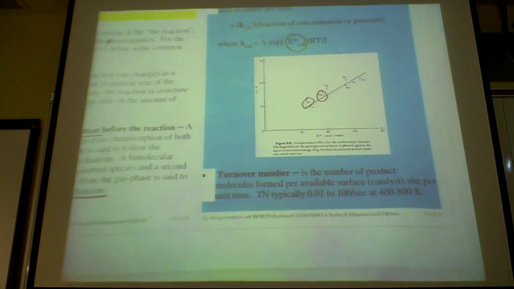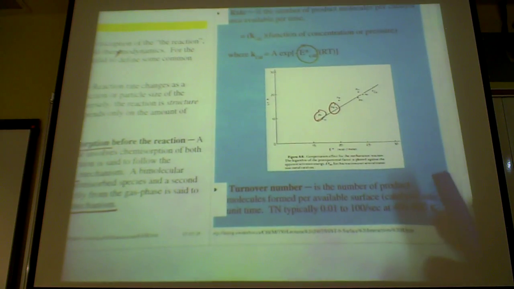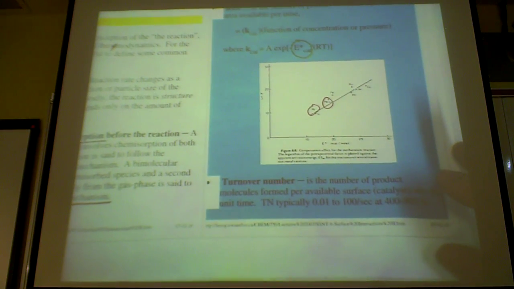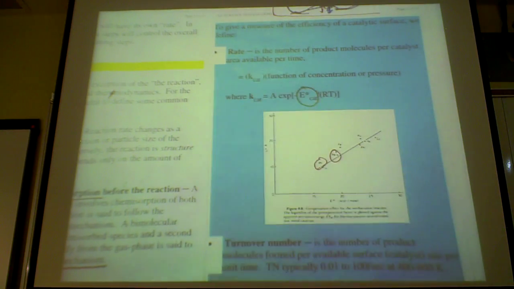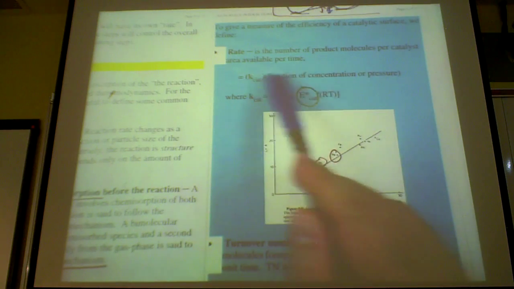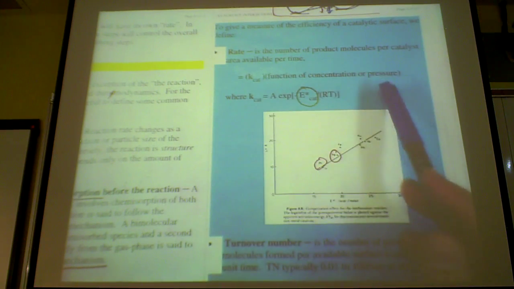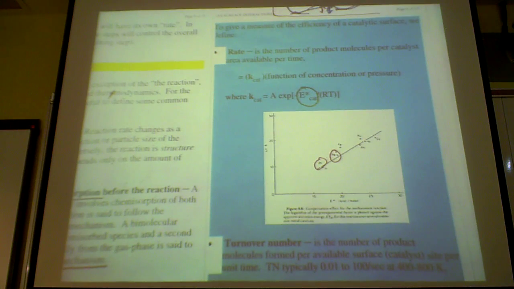And to give some efficiency of a catalyst surface, for example, people often talk about this jargon: reaction rate, for example, is the number of products per catalyst area per unit time. Of course this is just like the desorption rate we talked about, a rate of reaction. So it's some rate constant times some function of your concentration or pressure to some power.